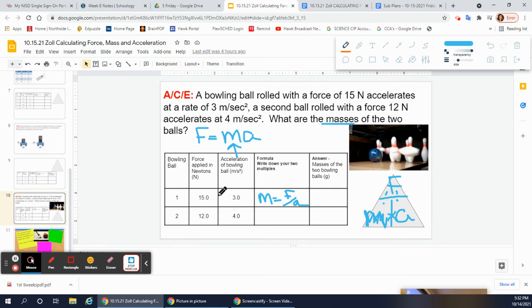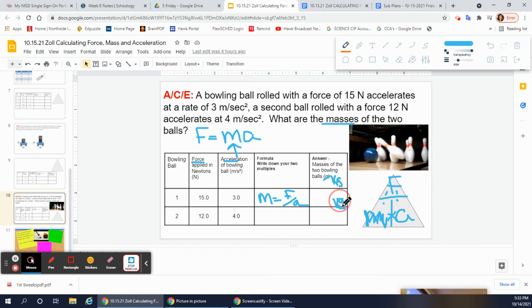Then what you're going to do is just plug in your numbers. This is your force measured in newtons, and over here these are your numbers for acceleration. So go ahead and do 15 divided by 3. You get your answer. And note how you have your masses measured in grams. Actually, let's change that and make that kilograms, because grams is a very small number there.